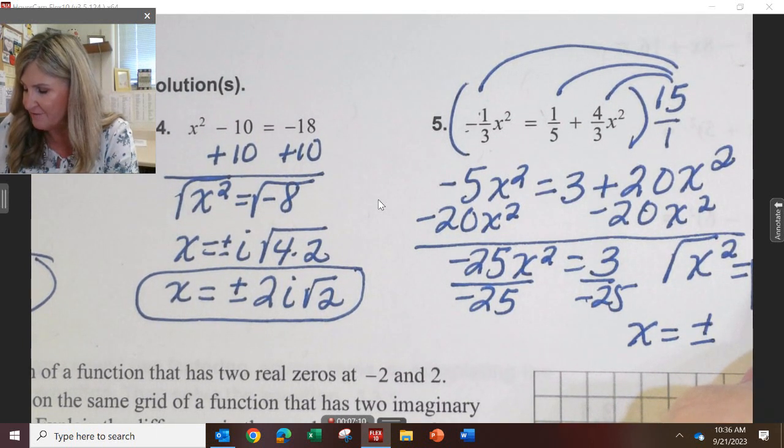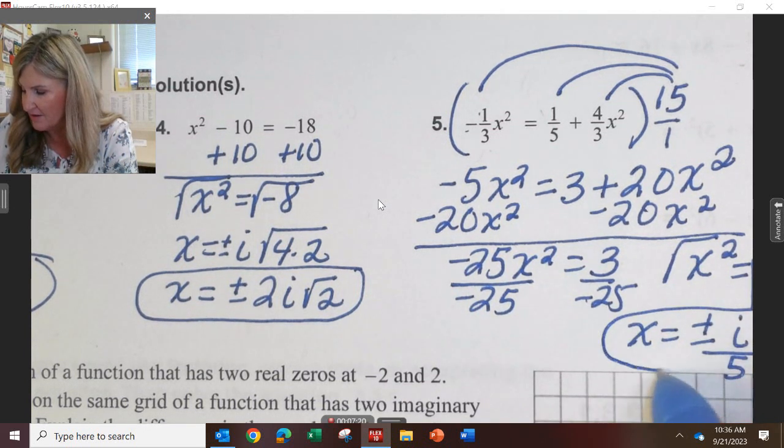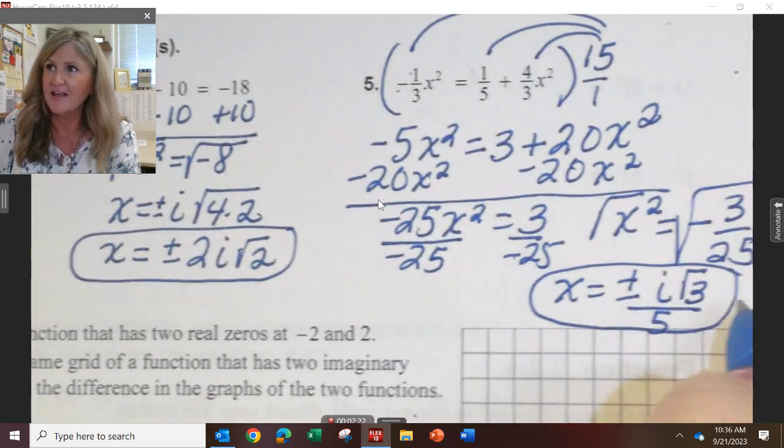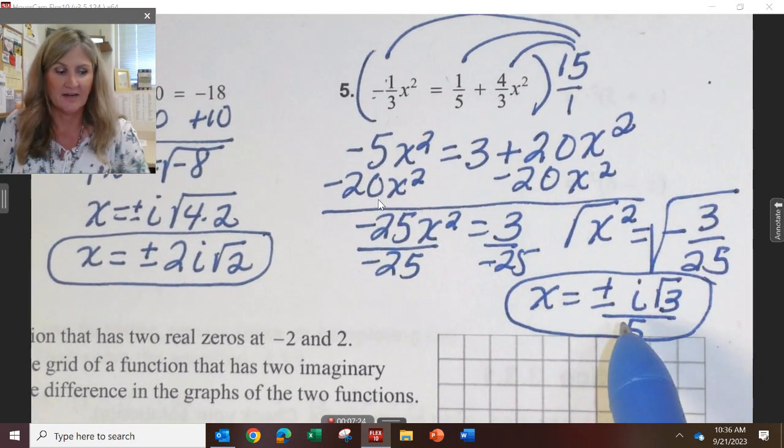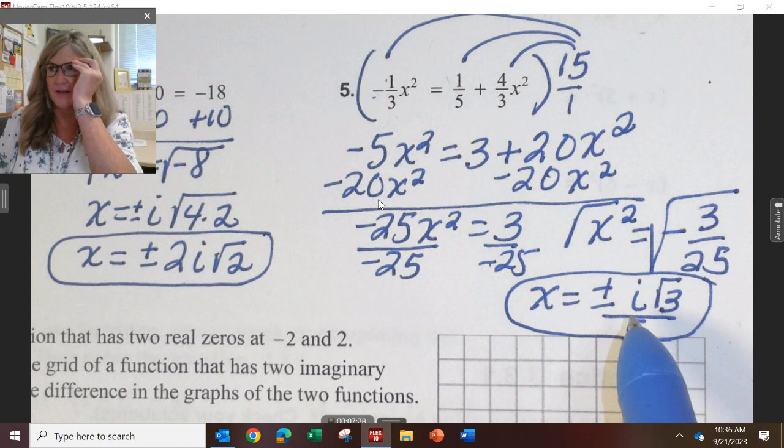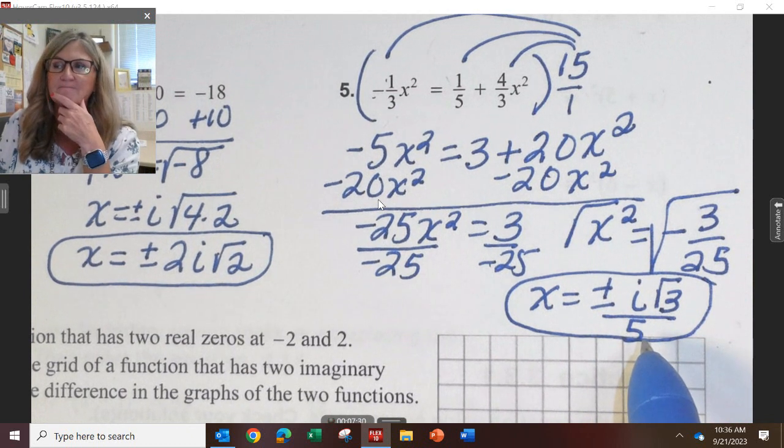I need an i for that. I cannot take the square root of 3, so I have to just leave it as radical 3, and the square root of 25 I can do as 5. So the answer to that is going to be plus or minus i radical 3 over 5.